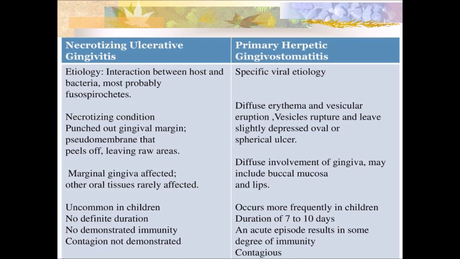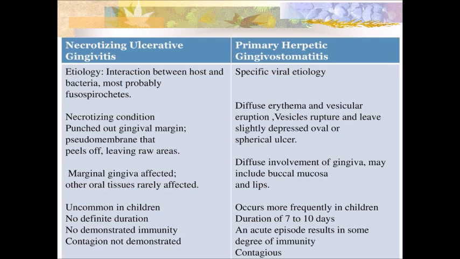Necrotizing ulcerative gingivitis is a necrotizing condition in which a punched-out gingival margin will be seen, and a pseudomembrane that peels off, leaving a raw bleeding area behind. Marginal gingiva is affected and other oral tissues rarely. It is uncommon in children. No definite duration. No demonstrated immunity. The disease is contagious, though it is still not demonstrated.